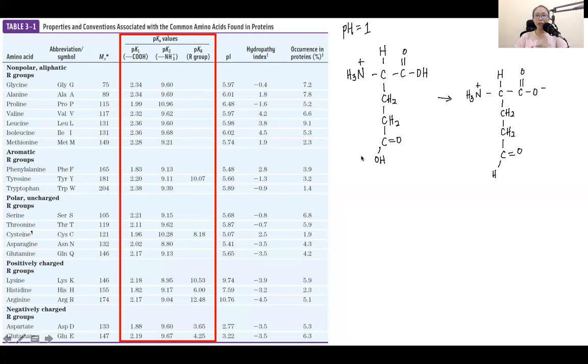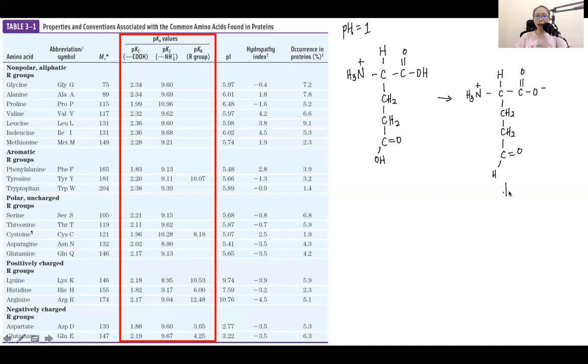So the other half is still in this form, the other half are converted at pH 2.19. So if we continue to add more base, more of this form will be converted to this until we reach the first equivalence point. At the first equivalence point, all of these would have been converted into this form.